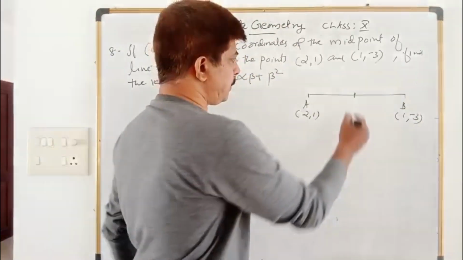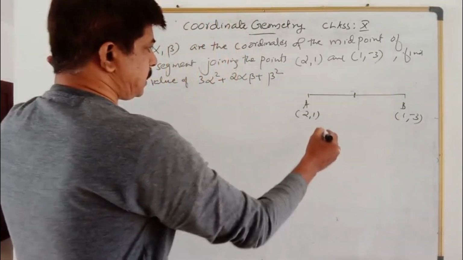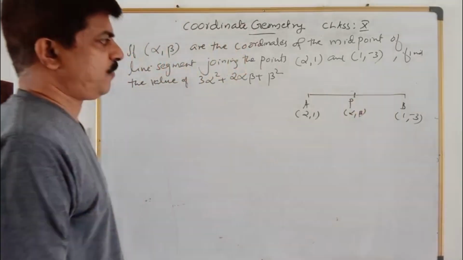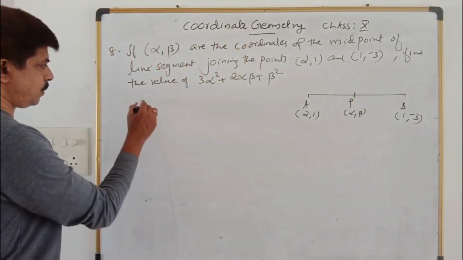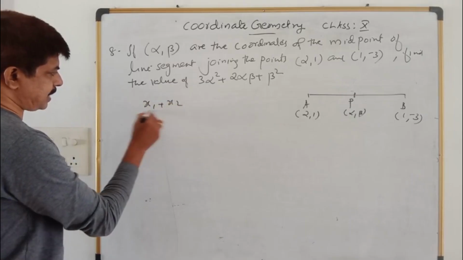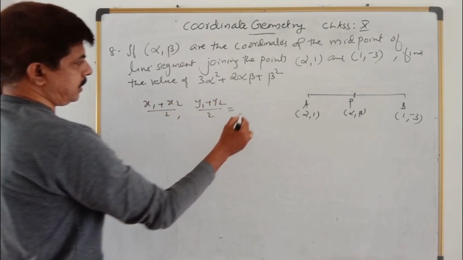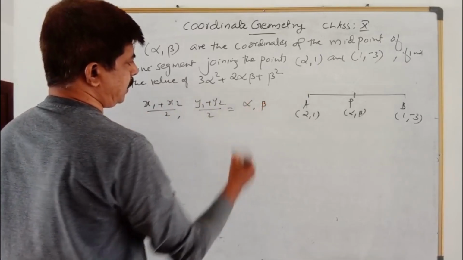What is the midpoint formula? Let us call the midpoint P(alpha, beta). The ratio is 1:1, so we have the midpoint formula (x1 plus x2) by 2, (y1 plus y2) by 2 is equal to (alpha, beta).